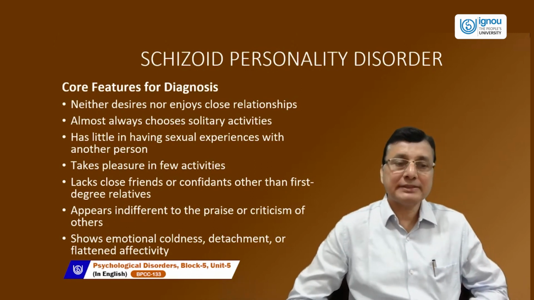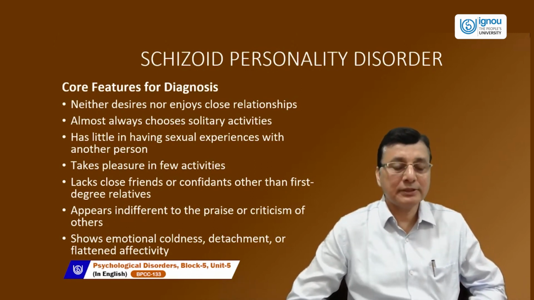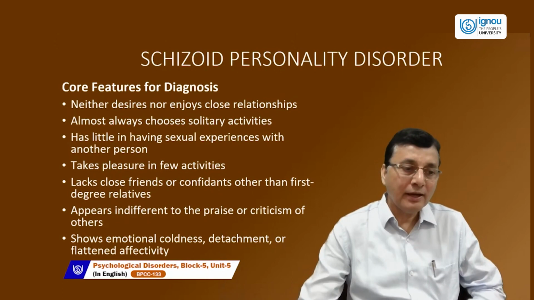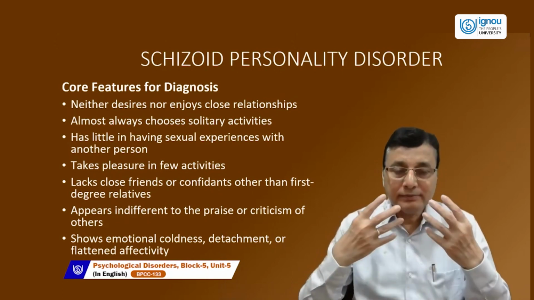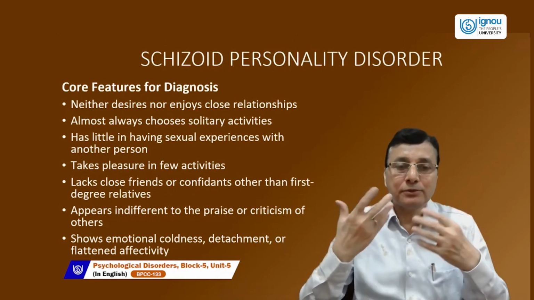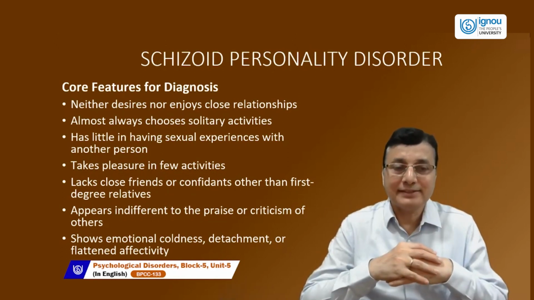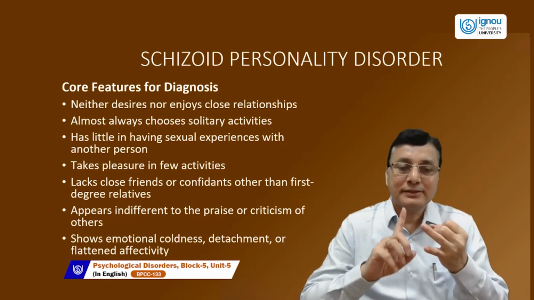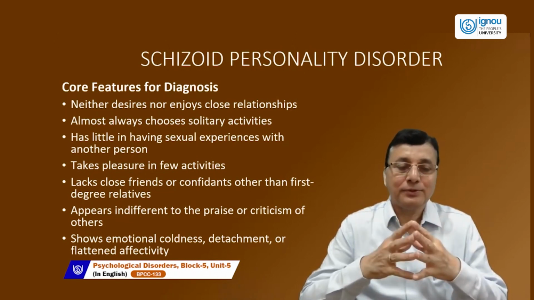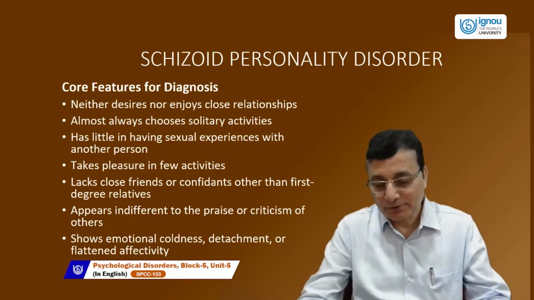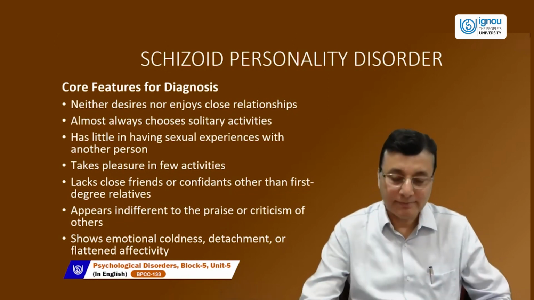So in schizoid personality disorder, they show emotional coldness, detachment, or flattened affectivity. So the affect will be generally flat. You cannot make out by seeing their face whether they are happy, sad, elated, cheerful. No, you cannot make out any emotion. So it is flat affect throughout.